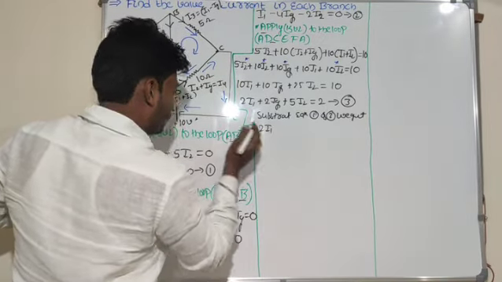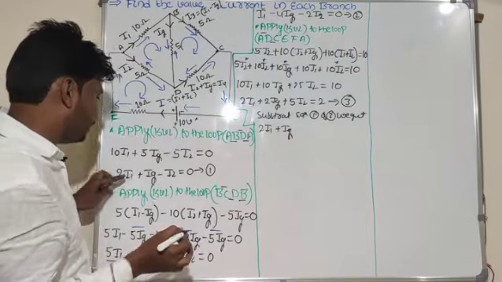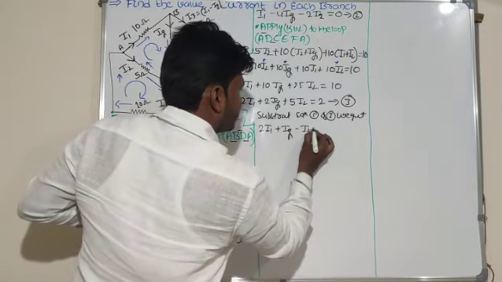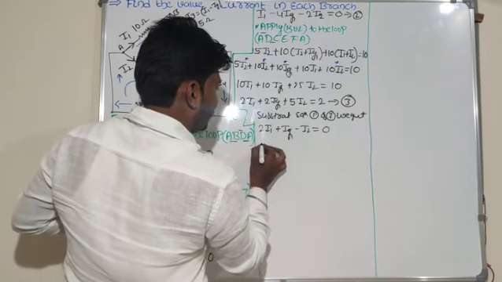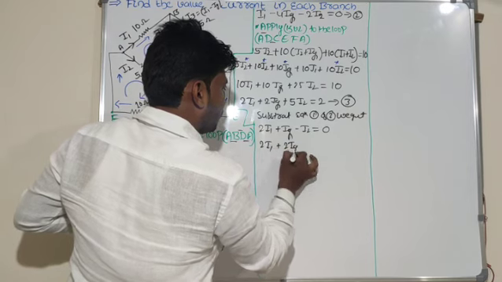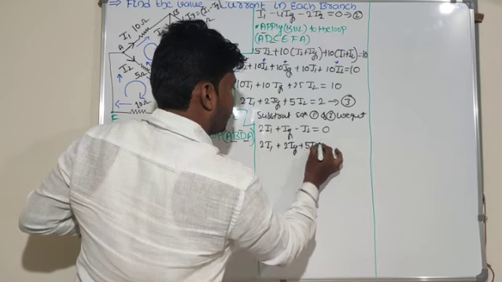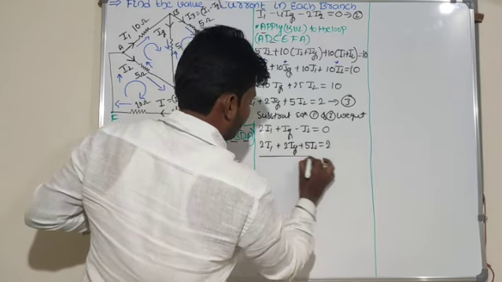What will we get by subtracting these equations? Look at here, 2I1 plus Ig minus I2, it is equal to 0. Now 2I1 plus 2Ig plus 5I2, it is equal to 2.